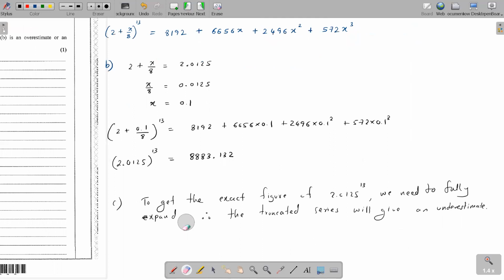We need to fully expand. Therefore the truncated series will give an underestimate.